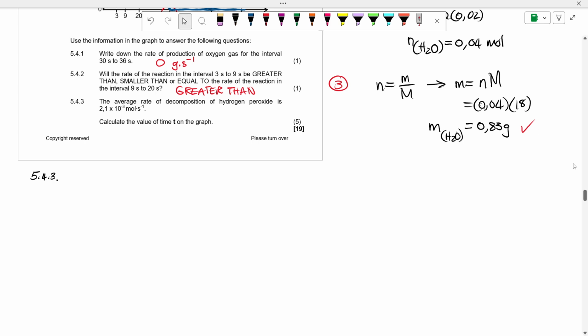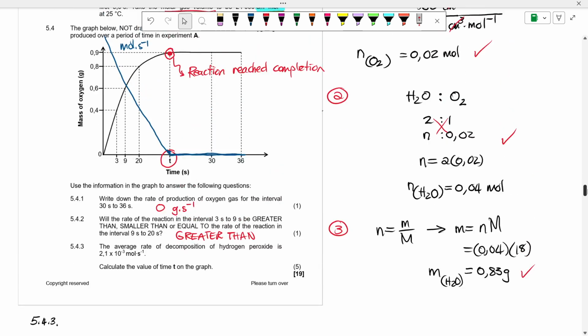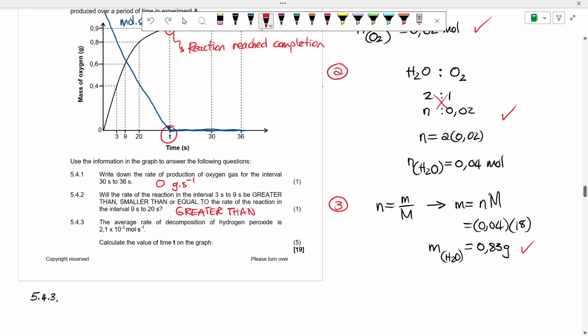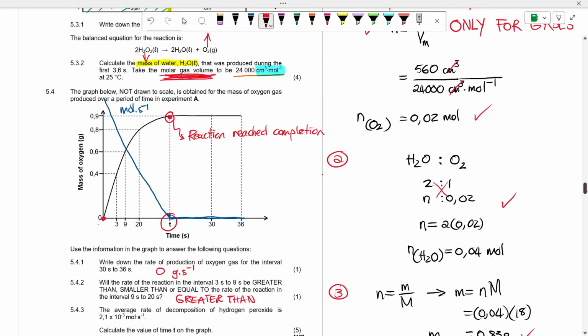Okay, I want to use this same graph to show this idea. The rate of reaction of production of oxygen is just the gradient from 0 to where the reaction stops, right? Yes. So the rate of decomposition of hydrogen peroxide will be from 0 time to where the reaction stops also for that. So it will be like that.